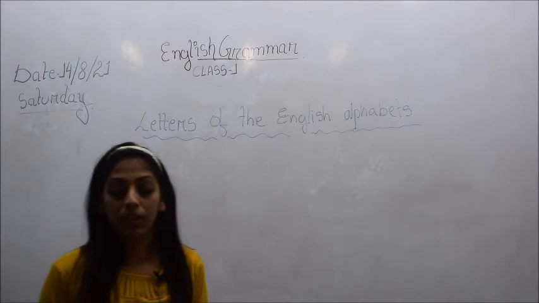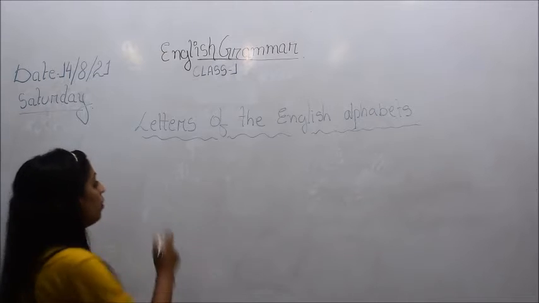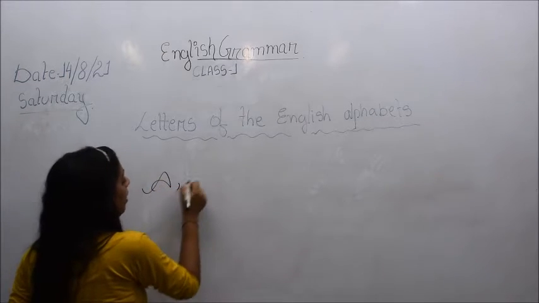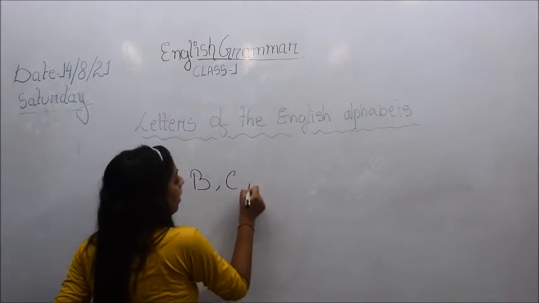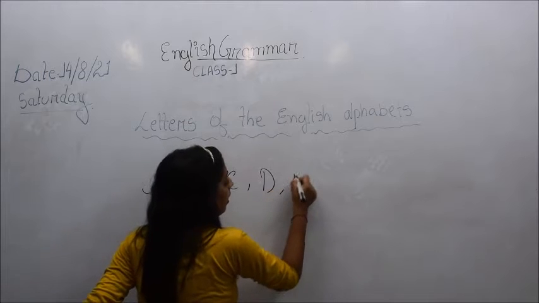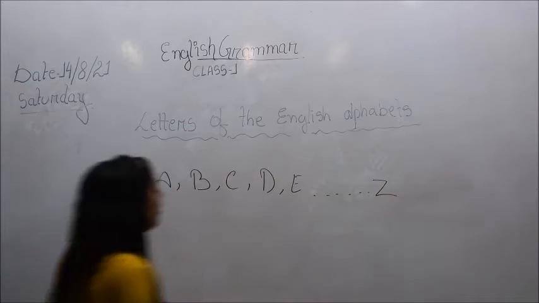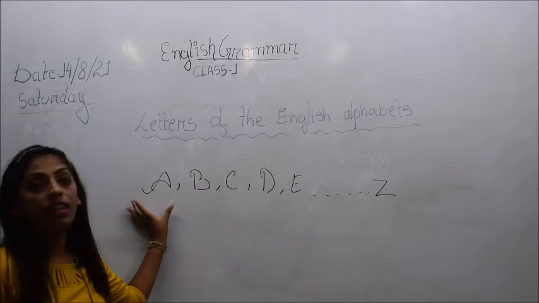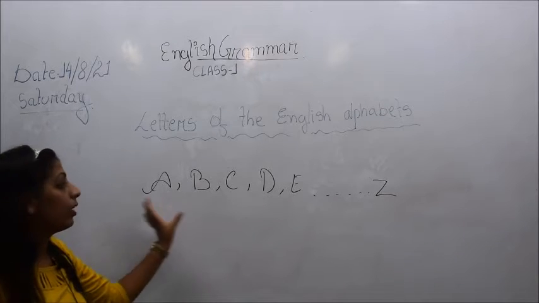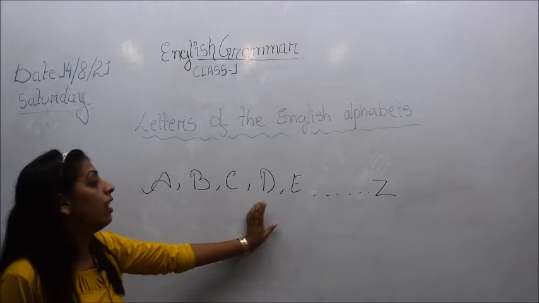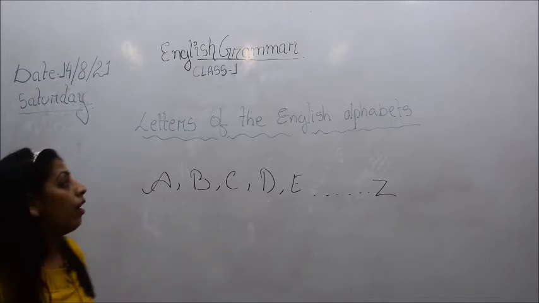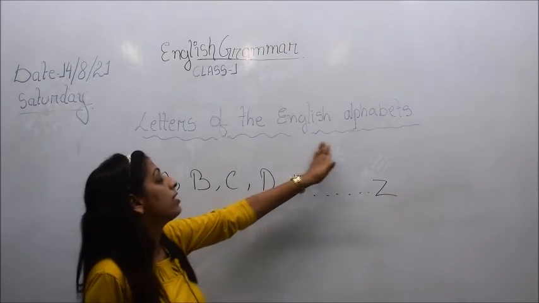I'll tell you. Letters are A, B, C, D, E, and this way up to Z. These single letters are called the letters of the English alphabet.